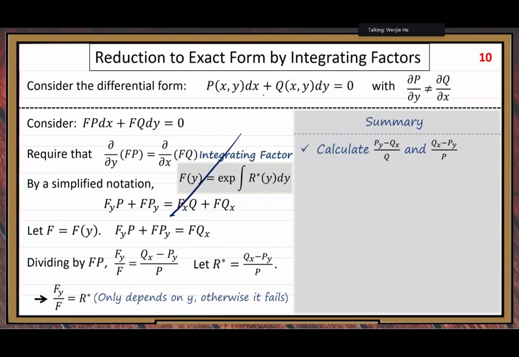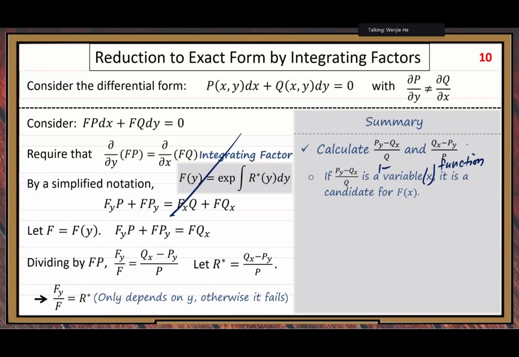If the R function is a one variable function, and the variable must be x, not y.